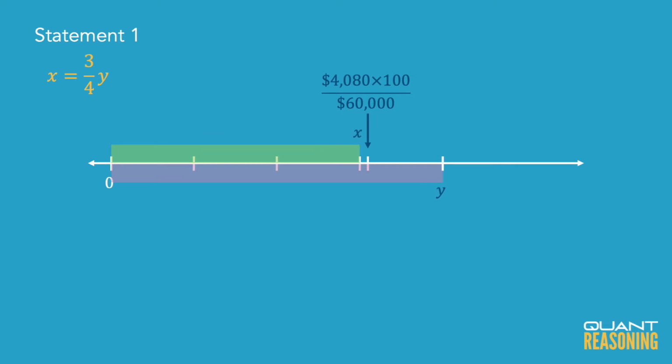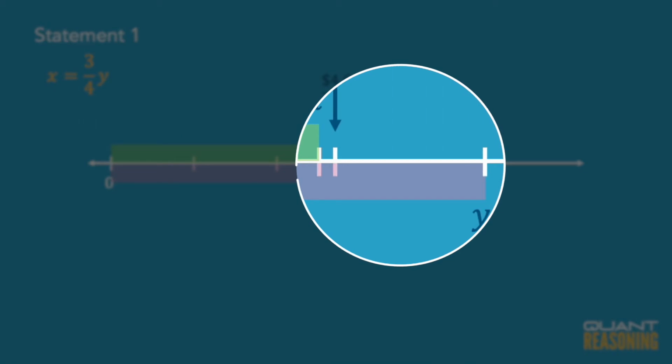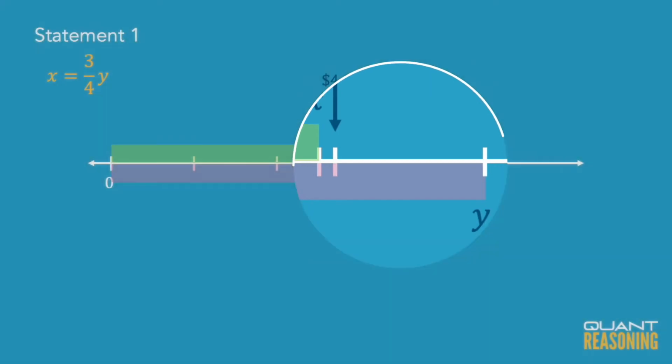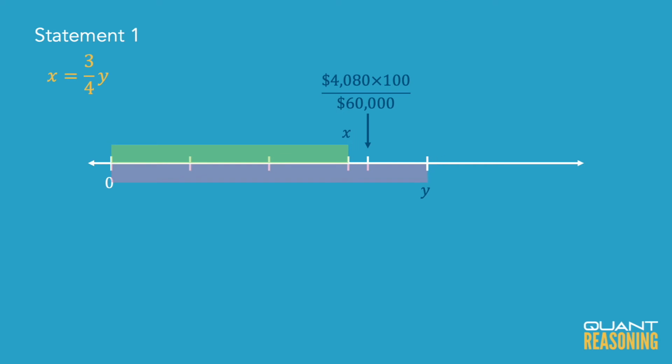Expand the green even more. And as long as I make a similar expansion, and when I say similar, I mean 4/3 as much expansion in pink, then I'm still within the laws of the land of statement 1, and I change the answer again. Notice how the average is now much closer to x than it is to y, but where I started, it was much closer to y than it was to x.